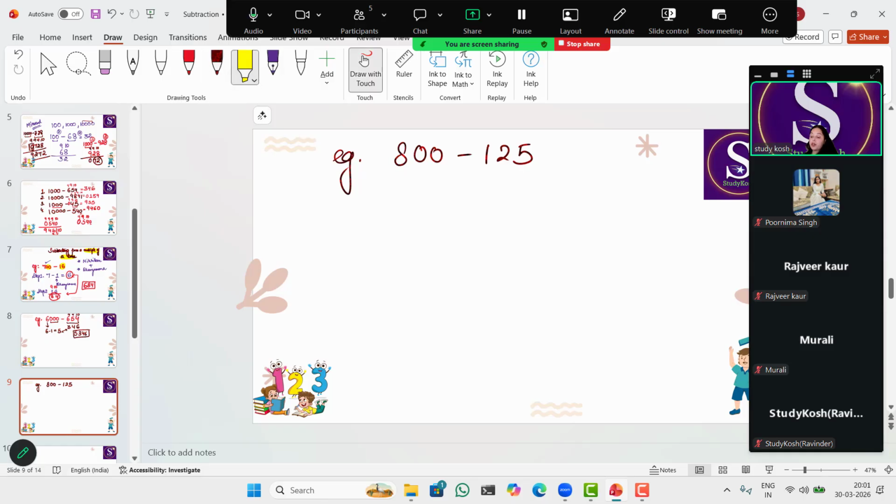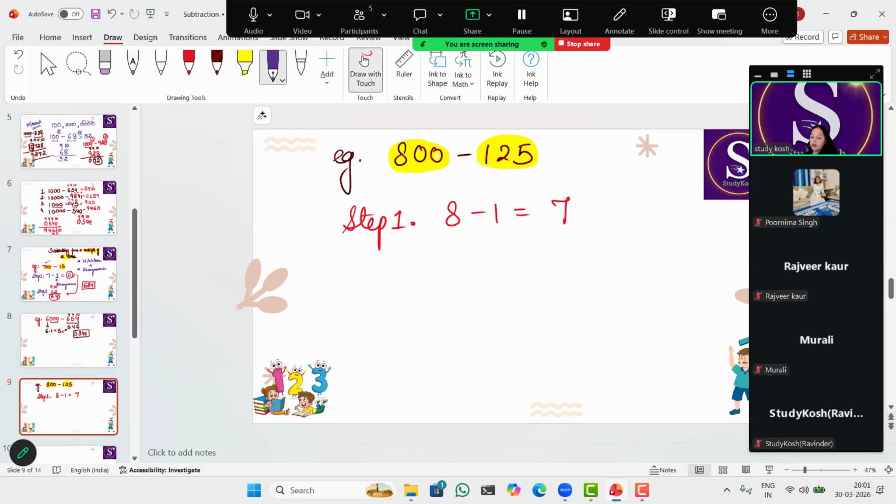Then, as we have seen, the number of digits here and here are the same. So we pick the first digit of our subtrahend, that is 3, and subtract it from 7. So 7 minus 3 is 4.